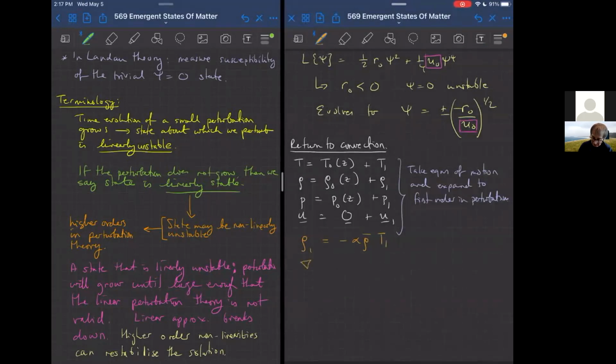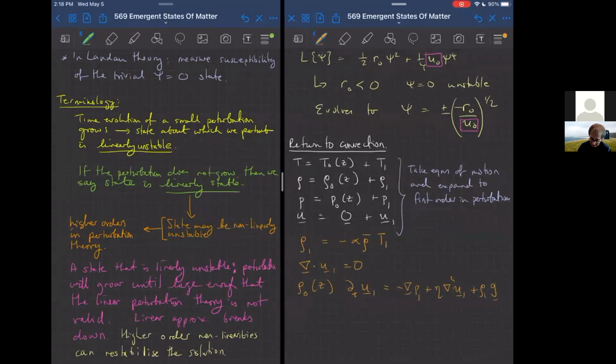The divergence of u1 is equal to 0. That's incompressibility. You find that rho naught of z d by dt of u1 is equal to minus grad P1 plus eta del squared u1 plus rho 1 g, the gravitational field.